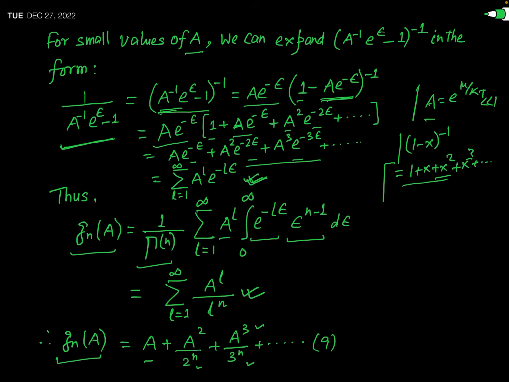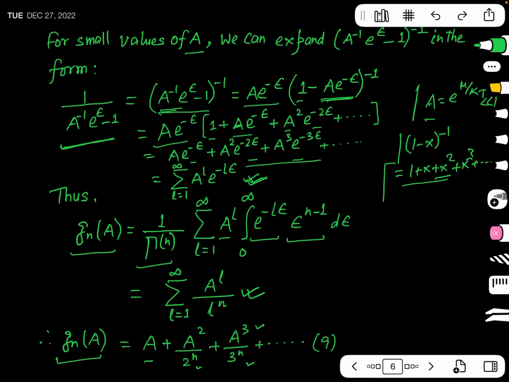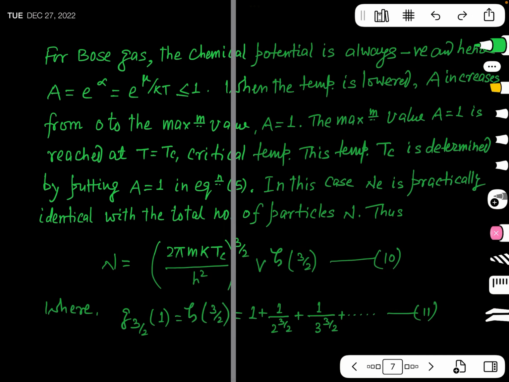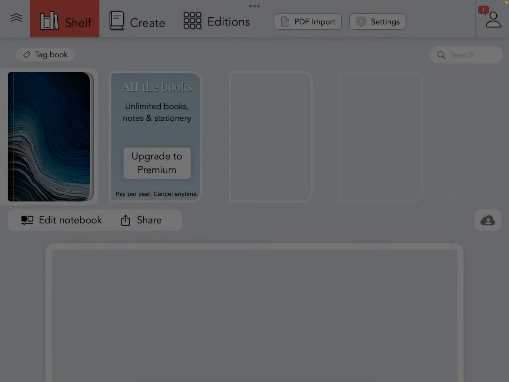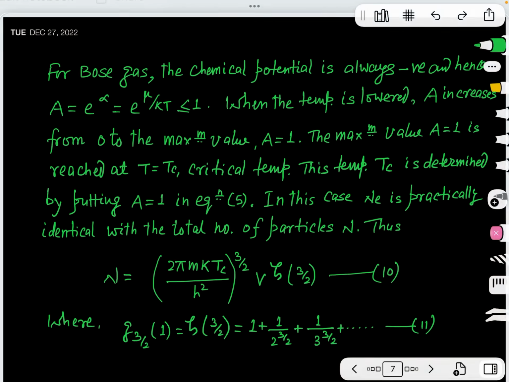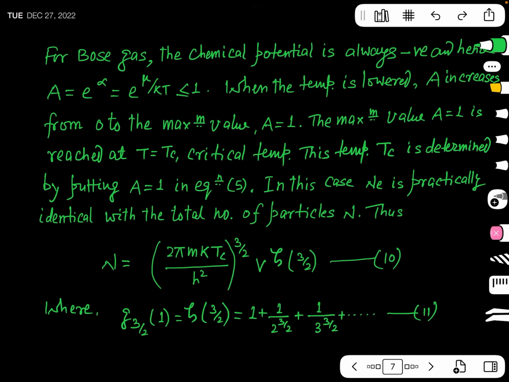You can also take this a as a common factor. Actually, I have denoted this term earlier by f of alpha. Now, as I have told you earlier, for a Bose gas the chemical potential is always negative.